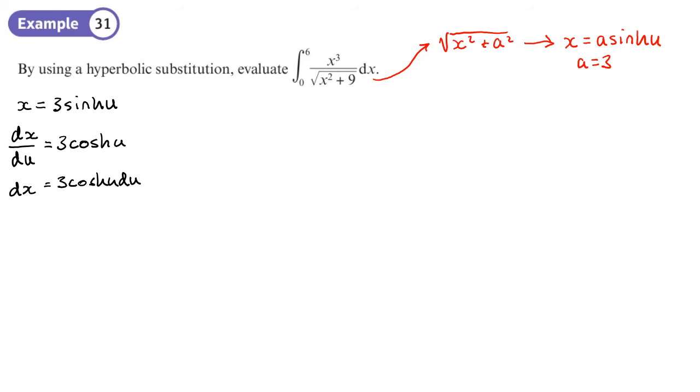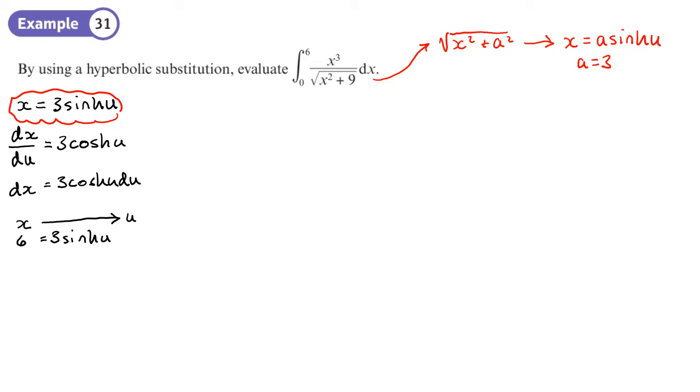I also need to change the limits. The limits I have are x limits, and I need to change them to u limits, so I use the substitution. If x is 6, I have 6 equals 3 sinh u, not cosh. I'm working out what u is.